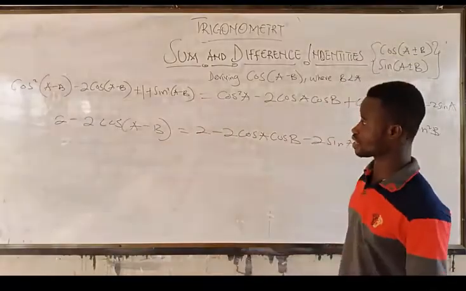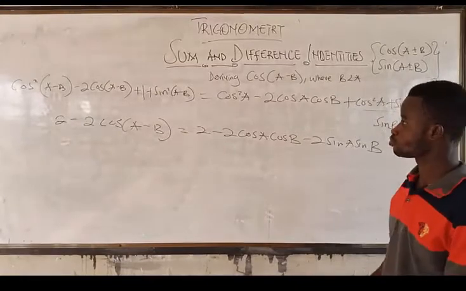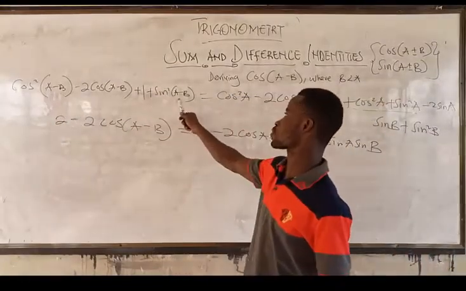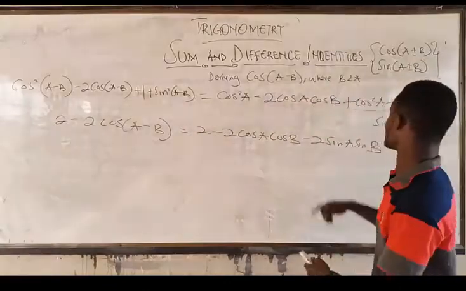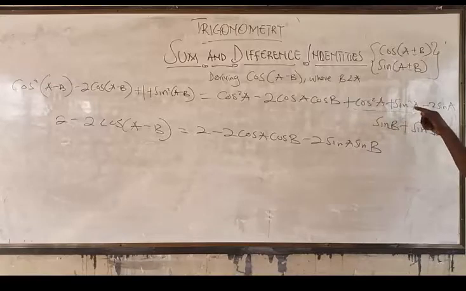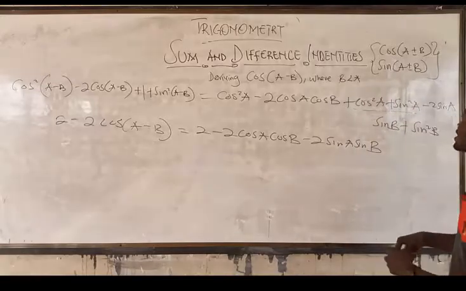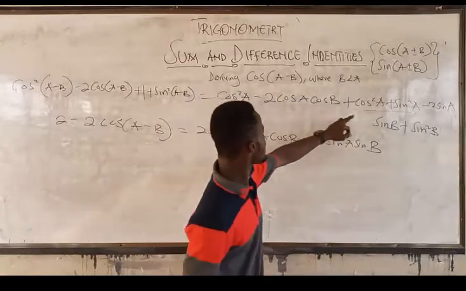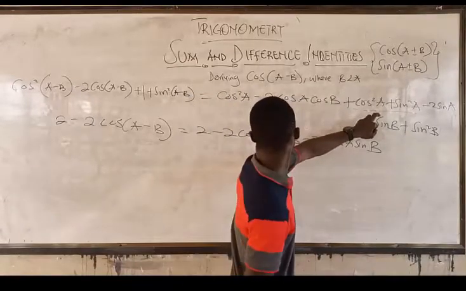Very good. It's just algebra. That's why I'm just writing it down for you. Because this cos square A minus B plus sine square A minus B is 1. And cos square A plus sine square A is also 1. Alright, that is why this side, since here is 1.